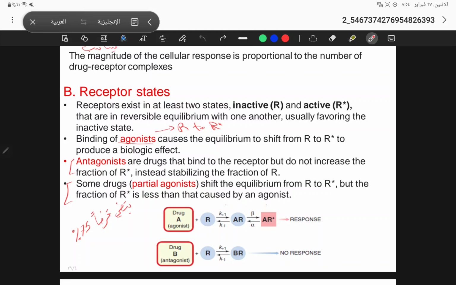The active form, and we get a response. And if we have an antagonist, it will favor what? The inactive form or the R state only, not the R star. And in this case, we get no response or very limited response, or reversing the action of the agonist. The partial agonist is between these two effects.